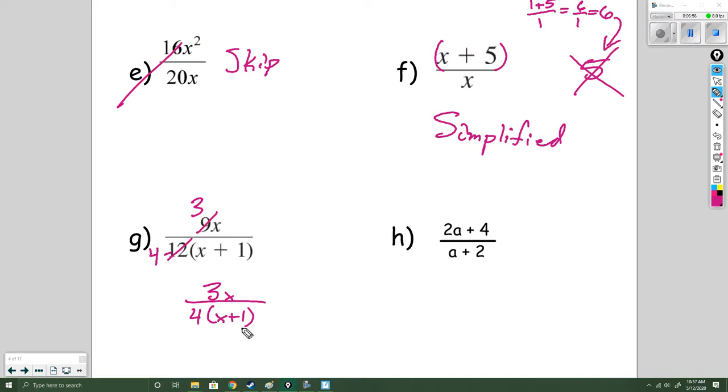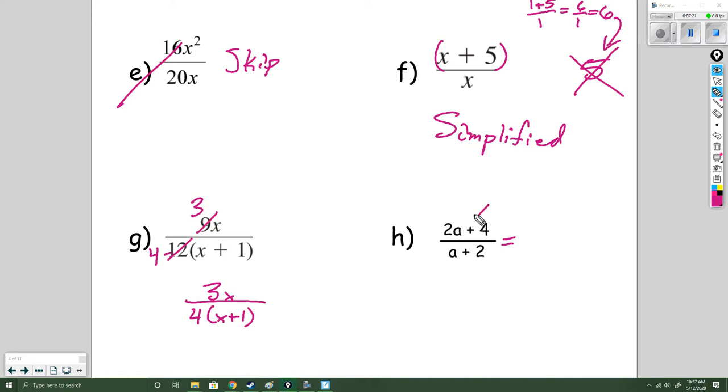And then H is another one of those most missed questions. This would be most missed because maybe we wouldn't cancel anything out. There's a hidden common factor here that we wouldn't see if we don't factor the numerator. So we've got to factor every single thing that we can to reveal those common factors in these expressions.